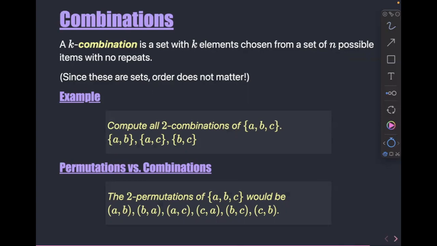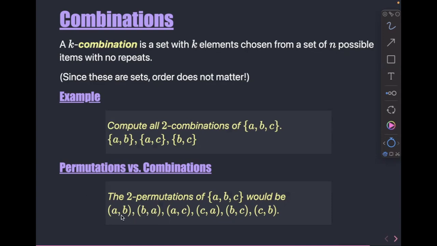So you want to compute all 2 combinations of A, B, and C. So this is all different ways you can combine 2 elements from this set. So you could have AB, AC, or BC. But if I wanted to do permutations, like taking it back to our previous example, we care more about ordering. So AB and BA are 2 different things.